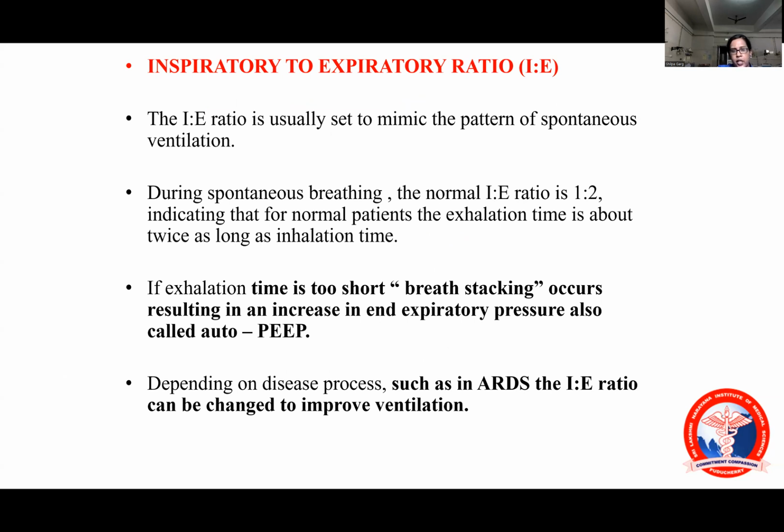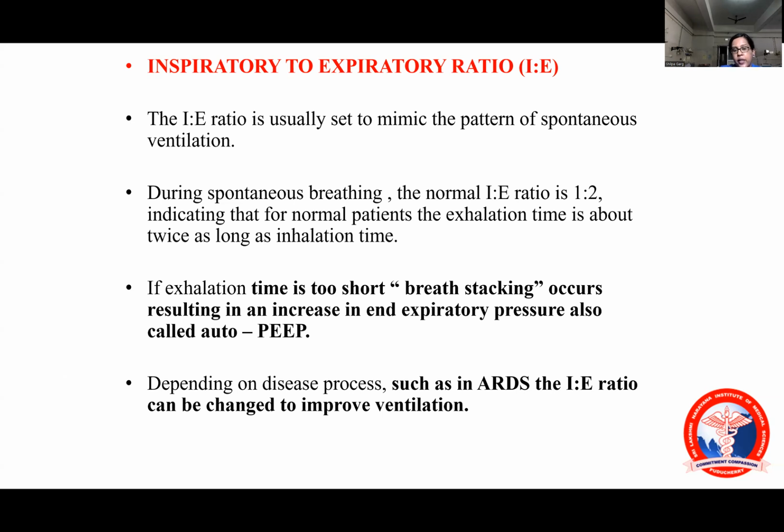The inspiratory expiratory ratio is nothing but the amount of seconds spent during inspiration and the amount of seconds spent during expiration. It mimics spontaneous breathing. During spontaneous breathing, the normal IE ratio is 1:2, which means we spend 1 second on inspiration and 2 seconds on expiration.